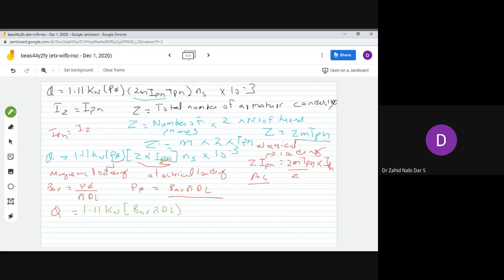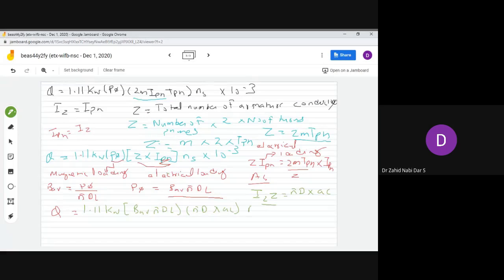If you see carefully, P phase is equal to pi d L BAV, and similarly Iz by Z would be equal to the circumference, that is pi d, or 2 pi r, because d is equal to 2r. So you write pi d into the ampere conductors. Instead of Iz by Z over here, you can write pi d into ampere conductors.